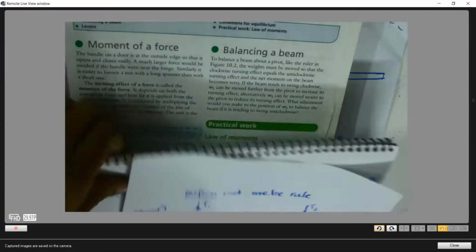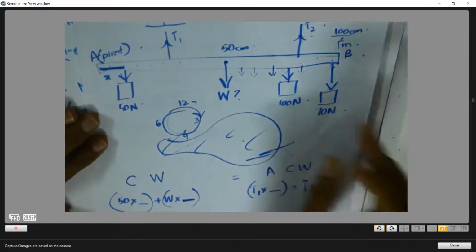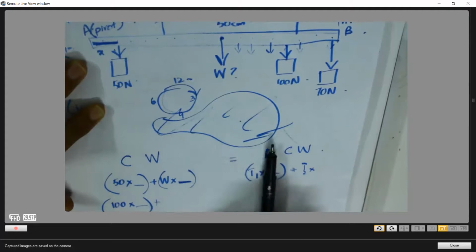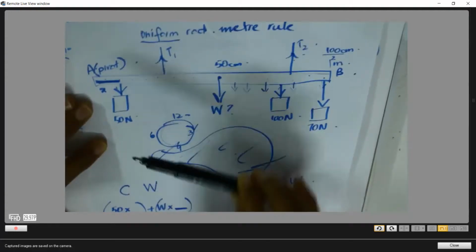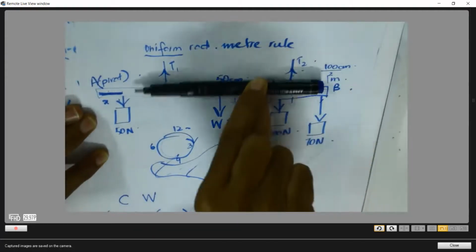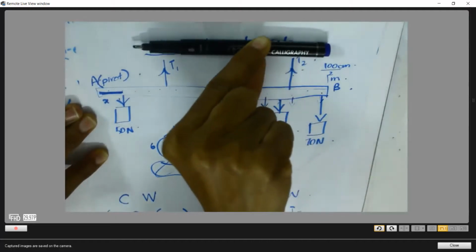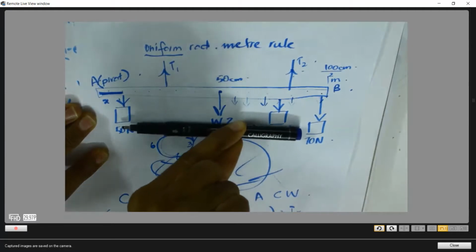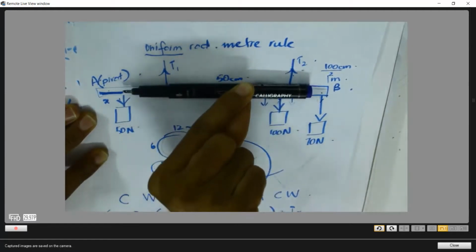What do I mean by this? For example, again, the same beam. Now, this was the turning effect, right? The turning effects are canceling each other out. But the total upward forces is equal to the total downward forces. So forces don't have only turning effect.